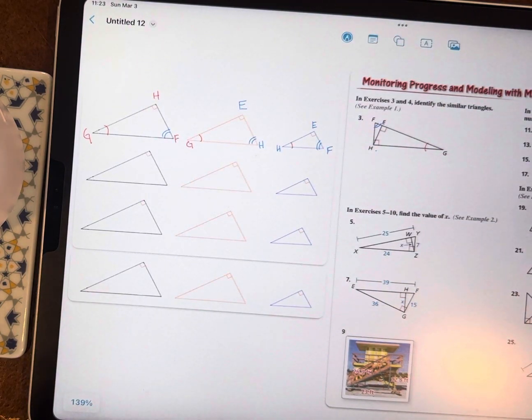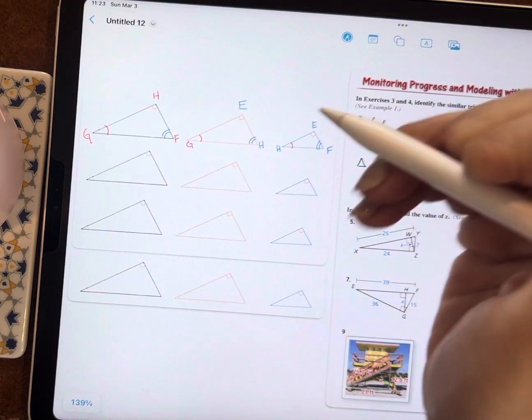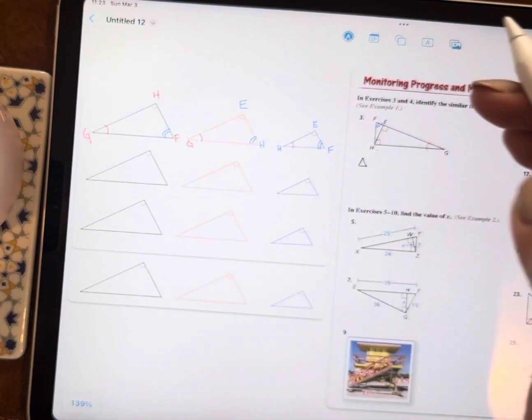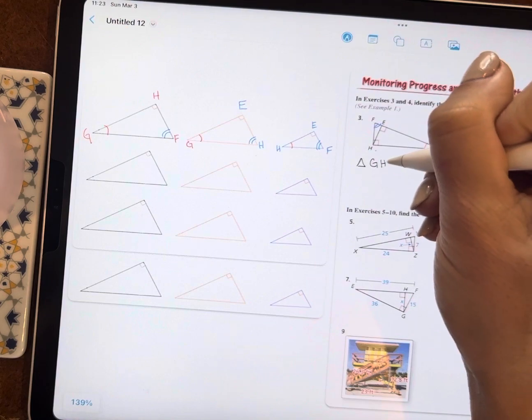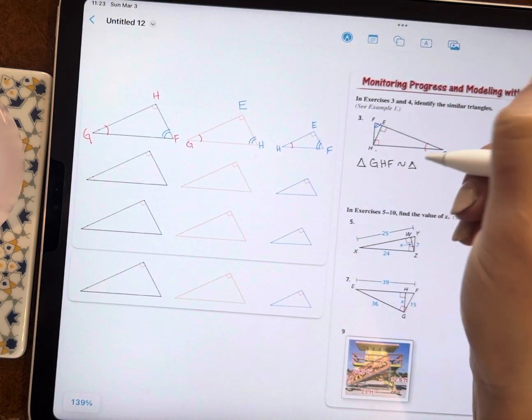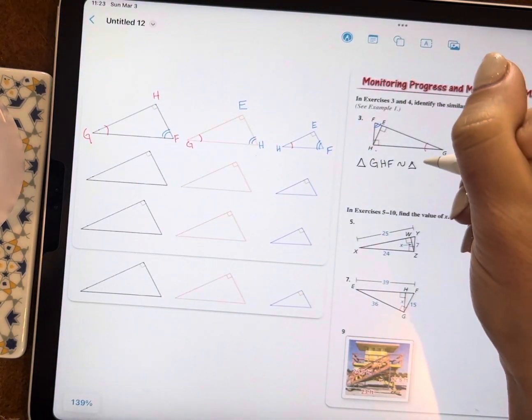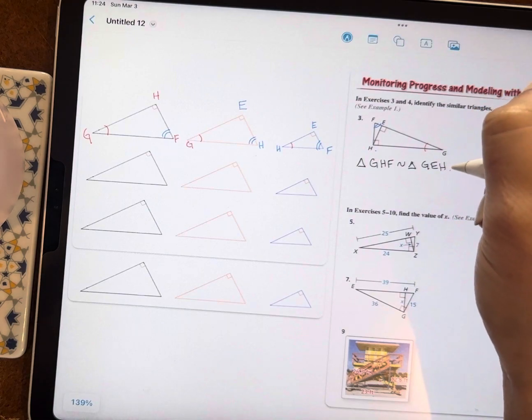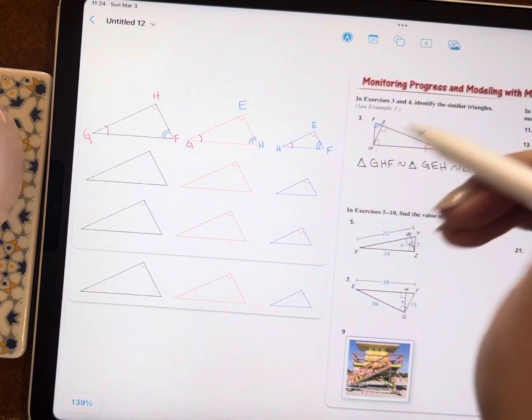So to identify the similar triangles here, now that they're oriented the same way, this is a piece of cake. It's triangle GHF is similar to triangle GEH, which is similar to triangle HEF.